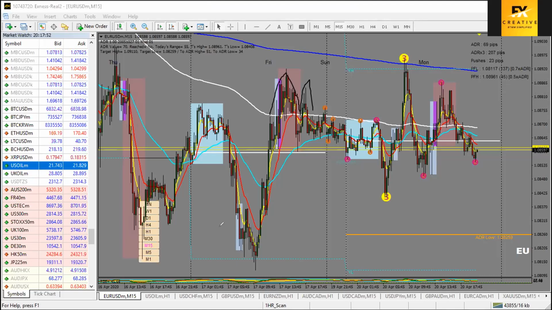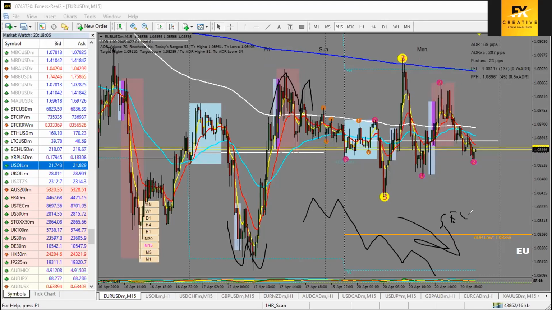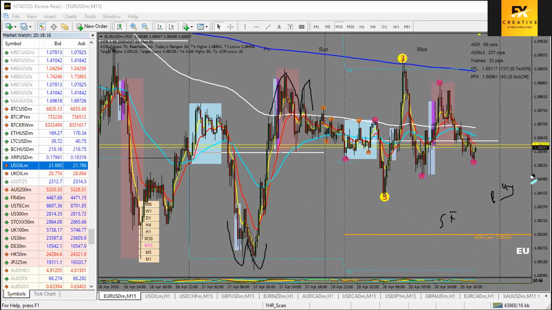But prior to that, the dealer gave us an LOD. But remember what I said. I said if we are on our way down, we are only concerned with the sell setups. We don't take buy setups. If we are on our way up, we are only concerned with the buy setups. We don't take sell setups.